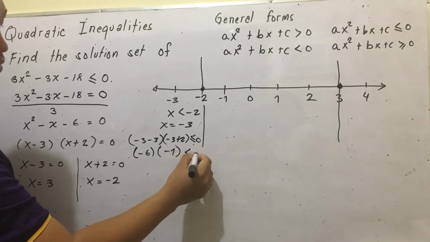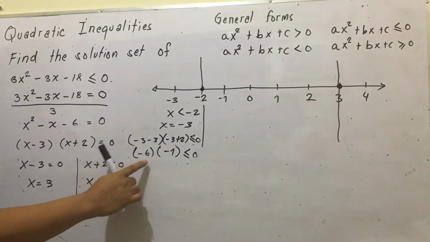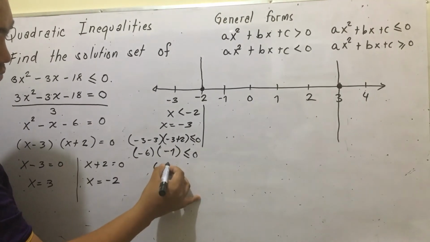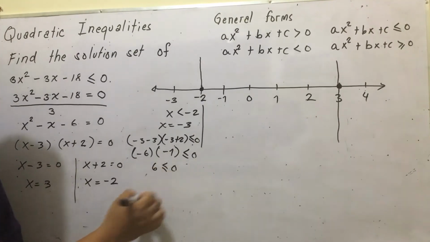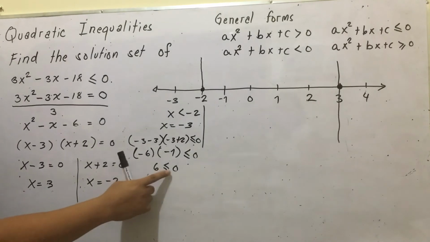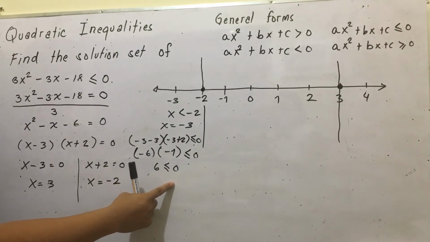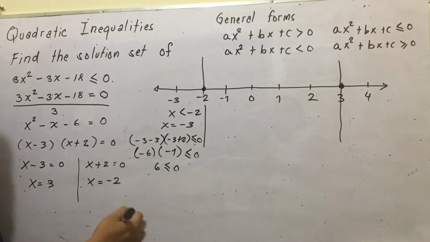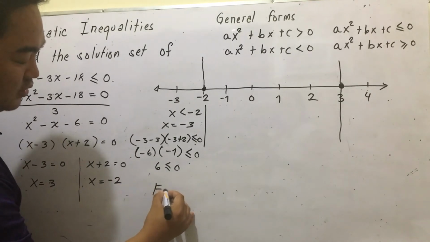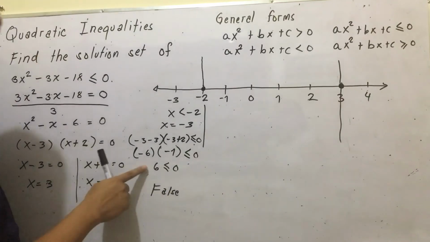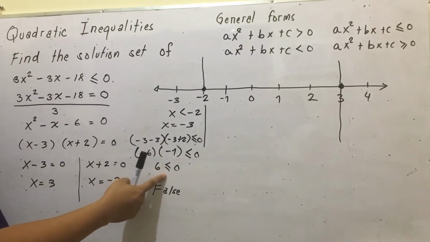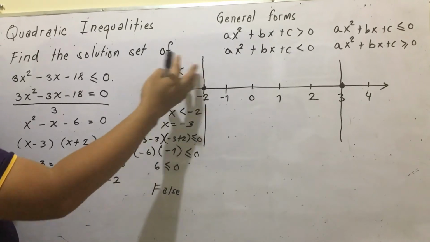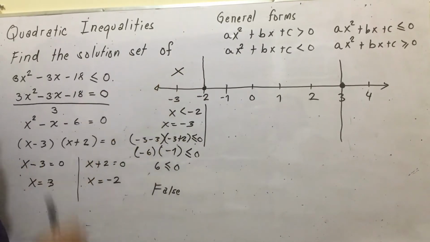Negative 6 times negative 1 is positive 6. Is 6 less than or equal to 0? No, because 6 is greater than 0. So the first region is false. If x is less than negative 2, it will not satisfy our inequality.